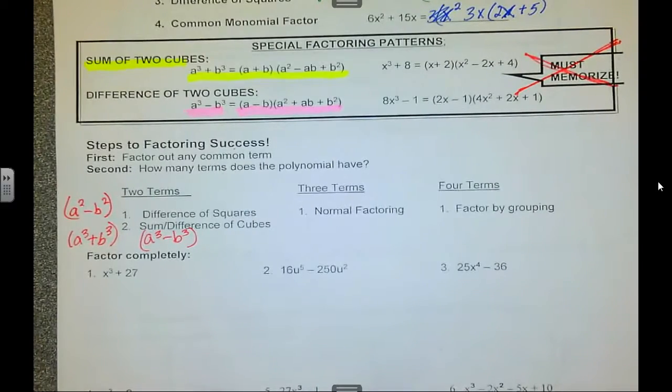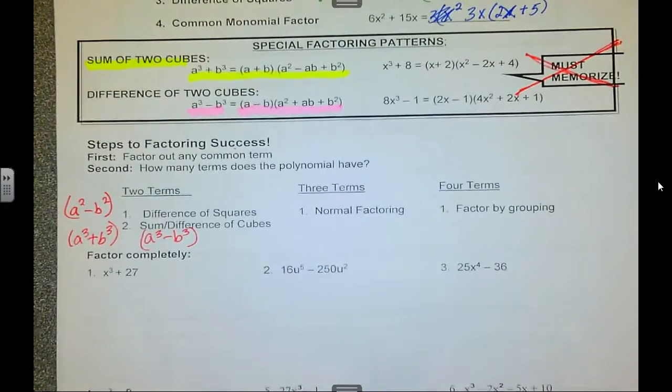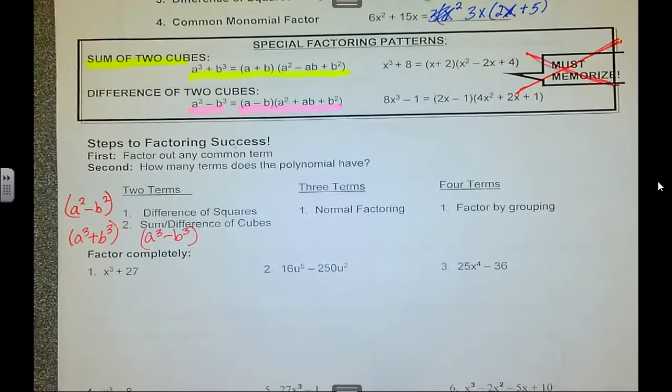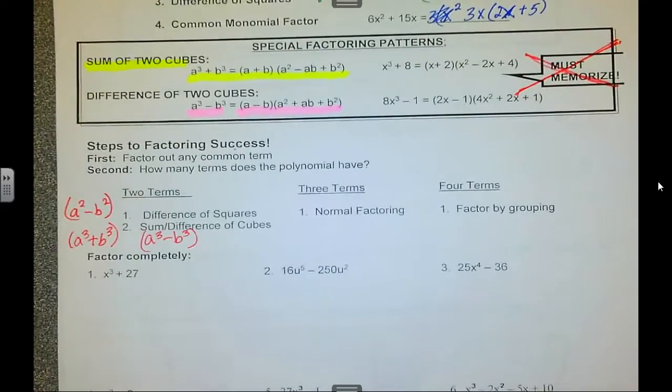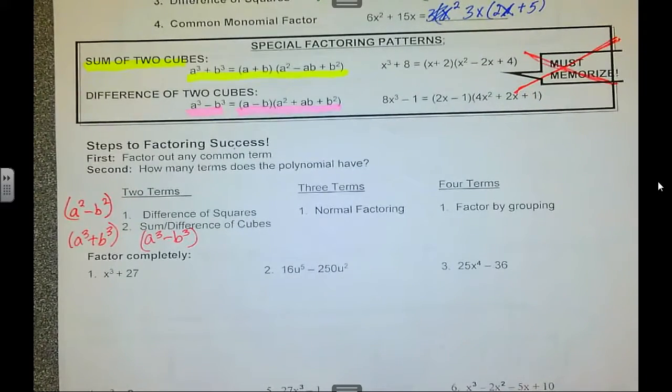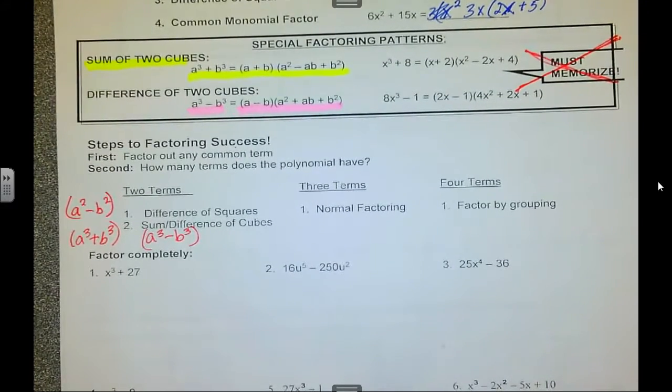Okay, number 1. What do I have here? I have a sum of cubes because 27 is what? Dakota, you got a chart. What's 27 as a cube?